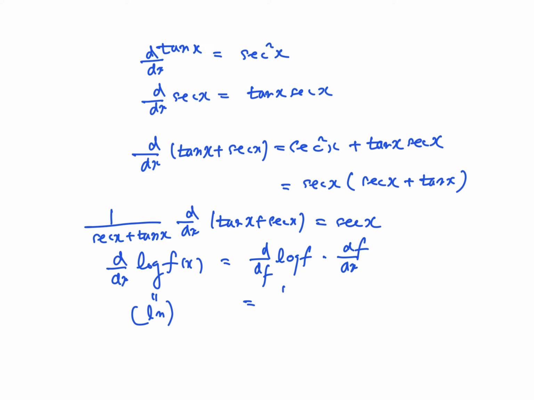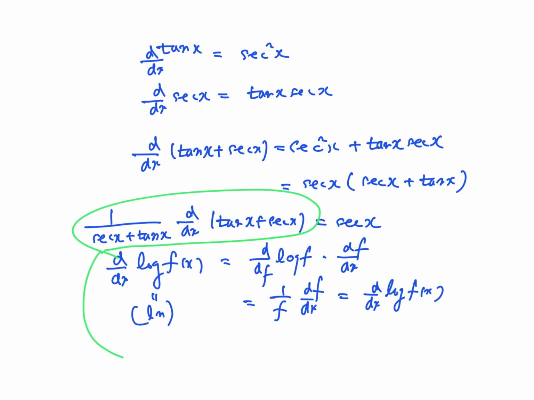So 1 over f times df/dx is the same as d/dx of log f(x). So this part actually turns out to be the same as d/dx of log of tangent x plus secant x. This particular derivative is called the logarithmic derivative.